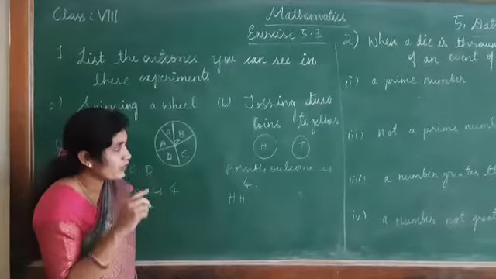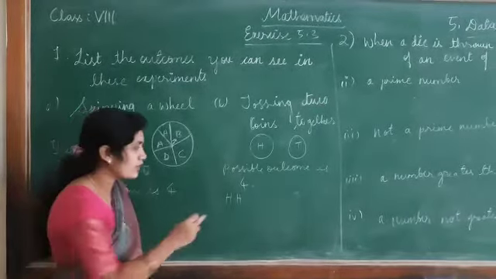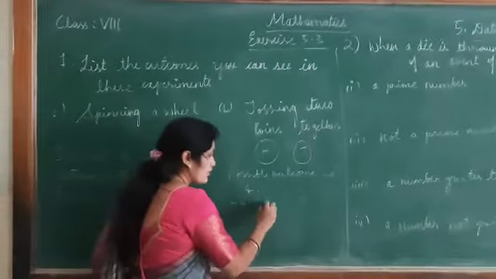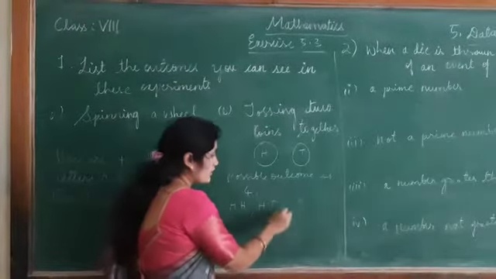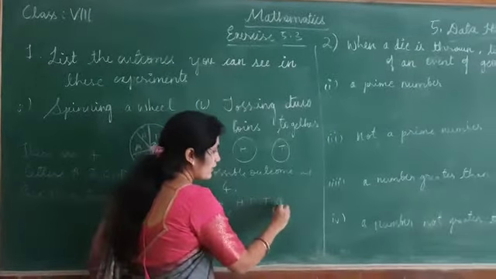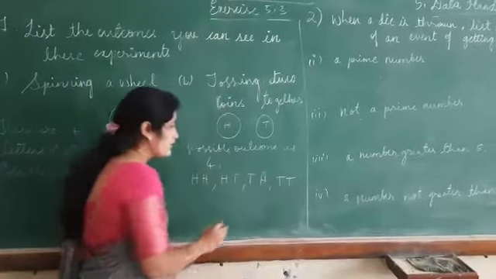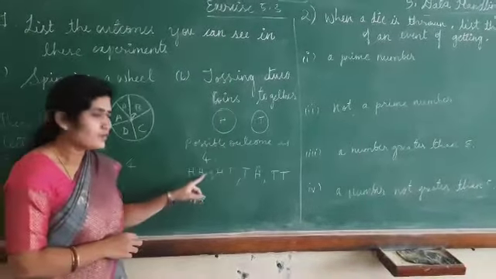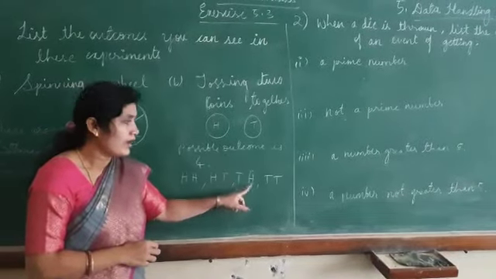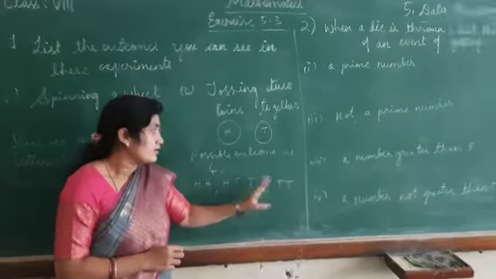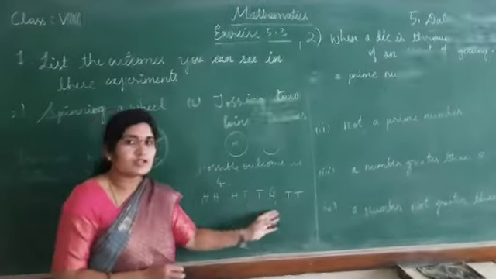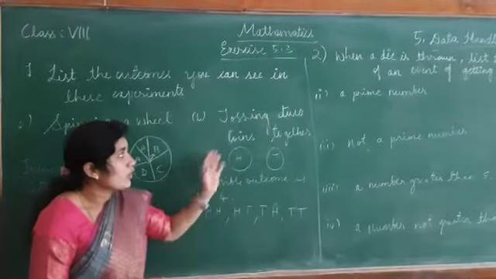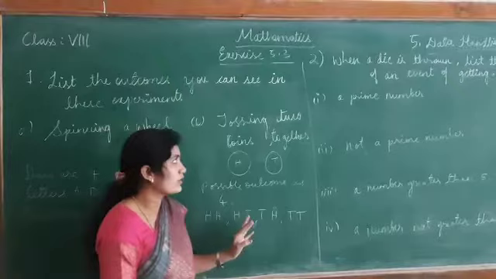But here we have 2 coins. If you toss them together, you may get both heads, one head and one tail, one tail and one head, or both tails. That means head-head, head-tail, tail-head and tail-tail. So you have 4 possibilities when you toss 2 coins together.